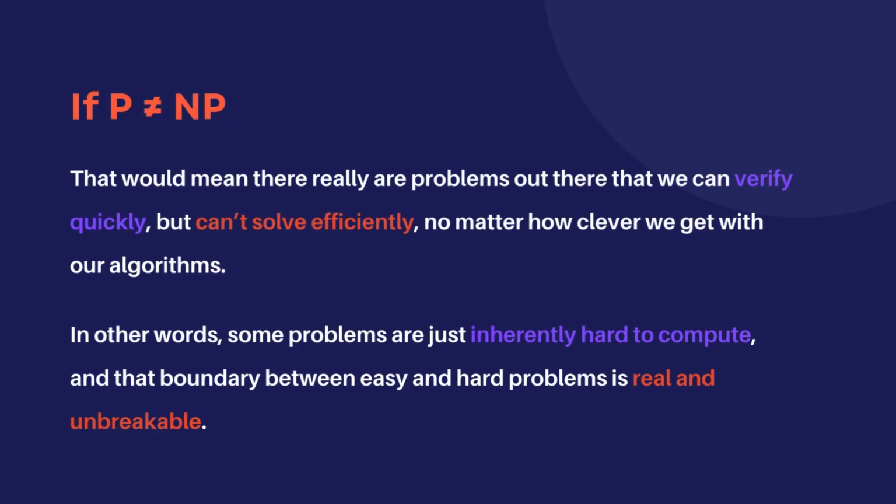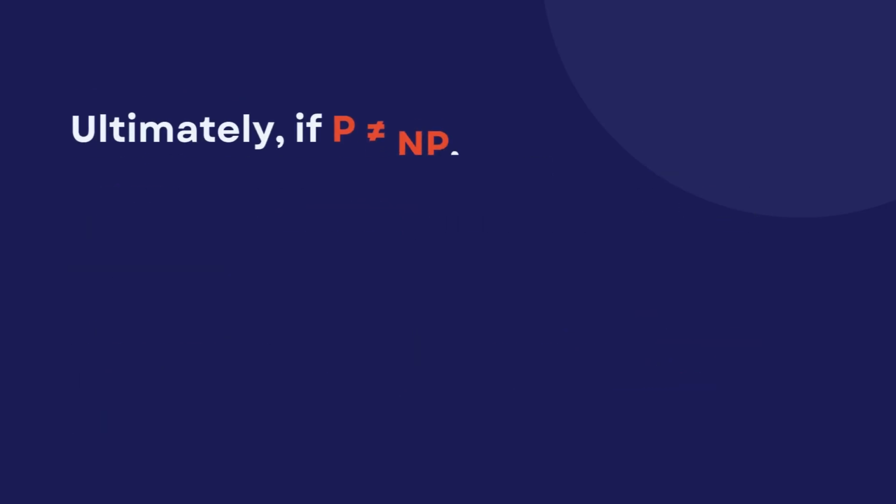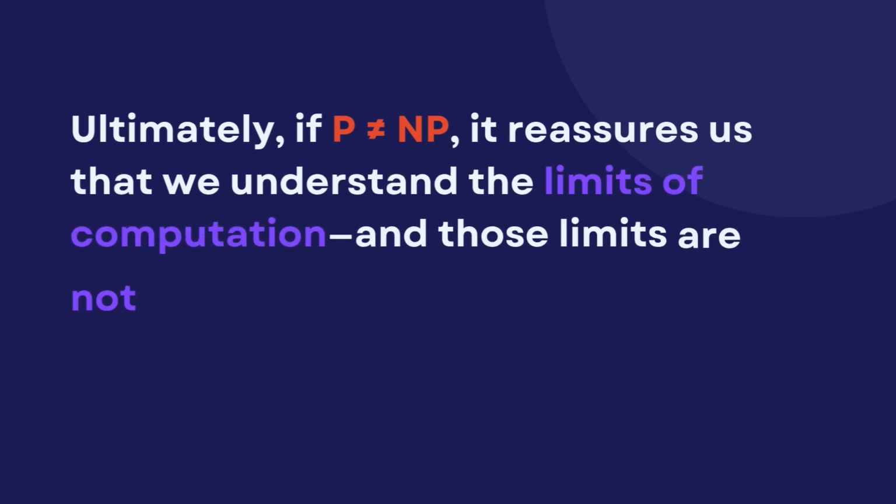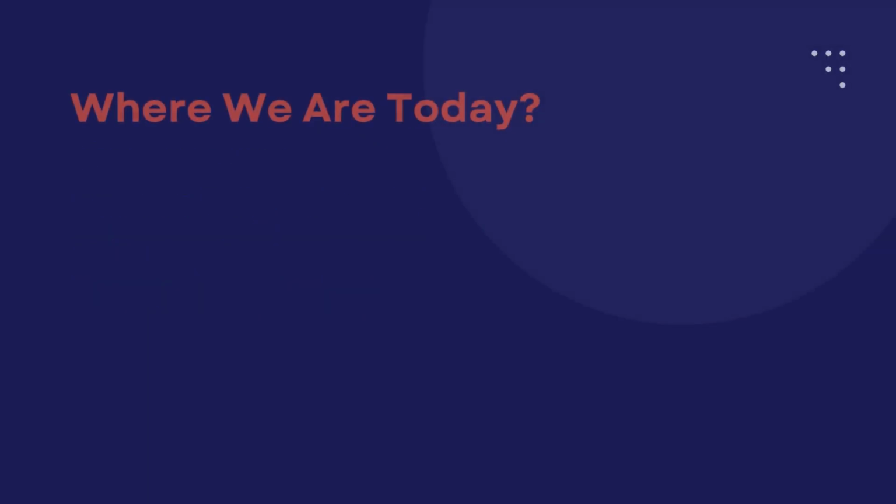It would also mean that our current encryption standards remain safe, at least from classical algorithms, because the hard problems they rely on, like factoring and discrete logs, would stay difficult. Ultimately, if P did not equal NP, it reassures us that we understand the limits of computation, and those limits are not going away.